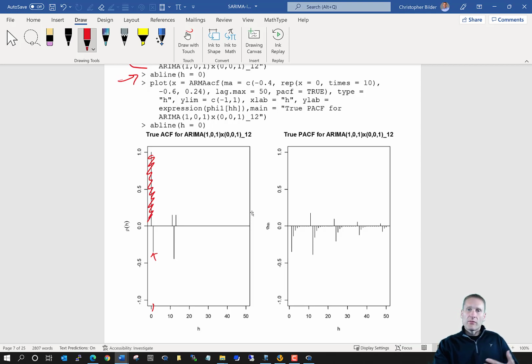Remember, we have this non-seasonal aspect to this particular model. It's a moving average 1, non-seasonal. And so this is what we would expect to have happen, where all the remaining ones would be 0 if I only had the non-seasonal aspect.